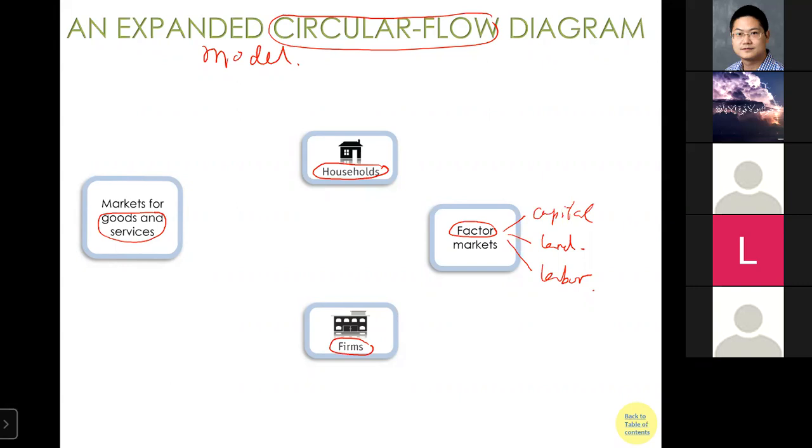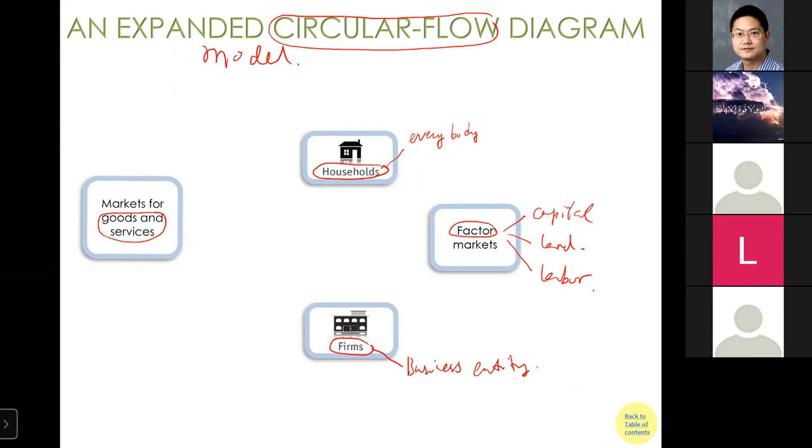And who is considered as households? That's pretty much everybody in the economy, human beings essentially. And what is considered as a firm? A firm is essentially just a business entity, either a local business, national, or international. So those are firms.